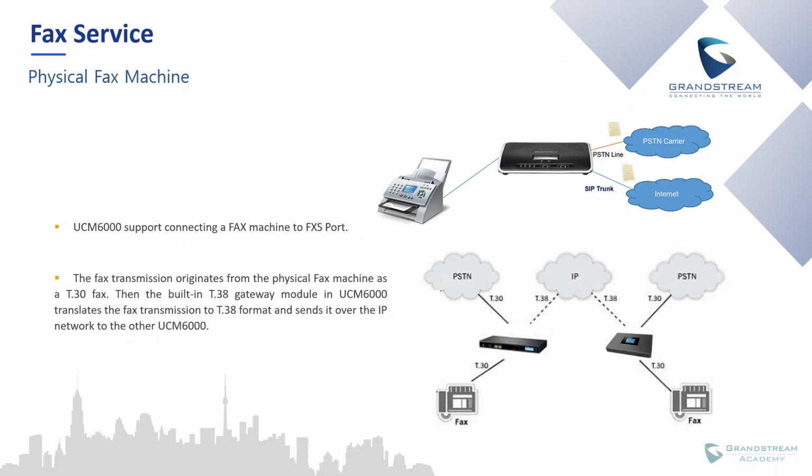Then the built-in T.38 gateway module in the UCM 6000 translates the fax transmission to the T.38 format and sends it over the IP network to the other UCM 6000. The second server translates the transmission back to T.30 and sends it to the attached fax machine or over the PSTN line for external numbers.